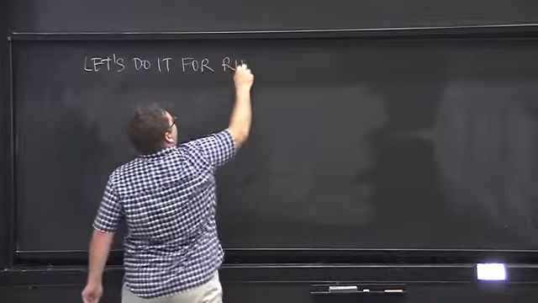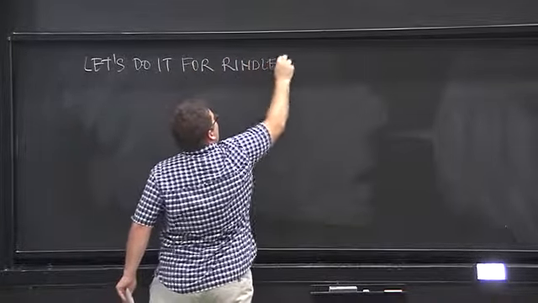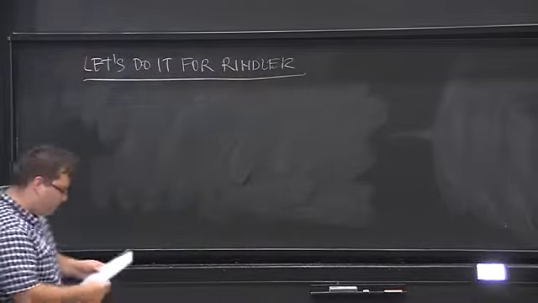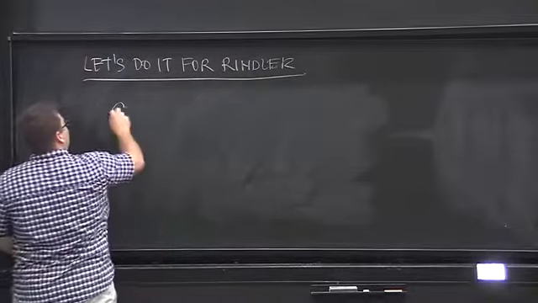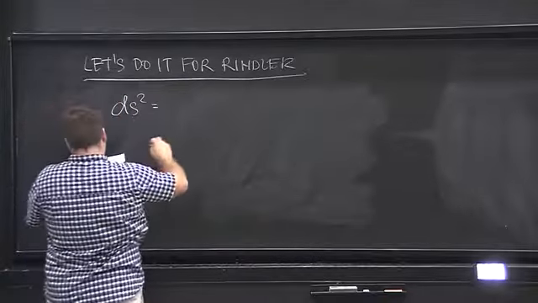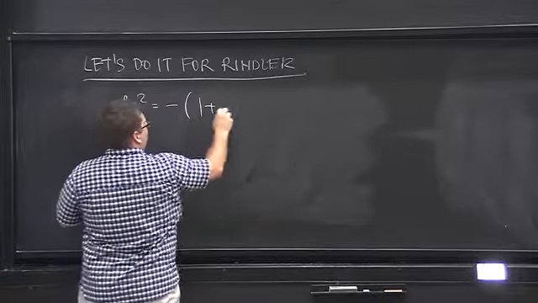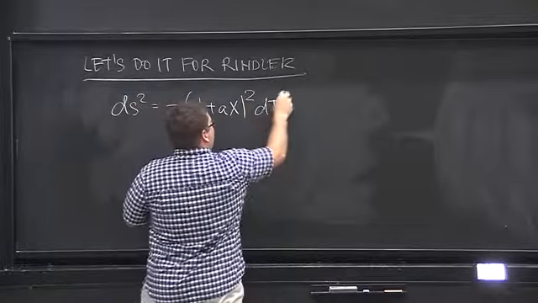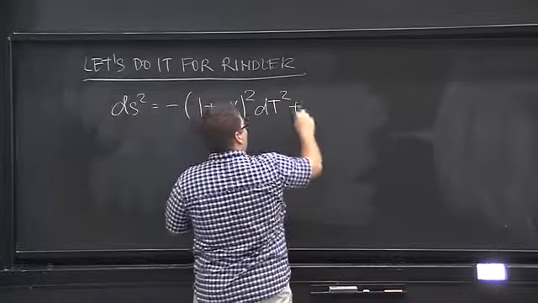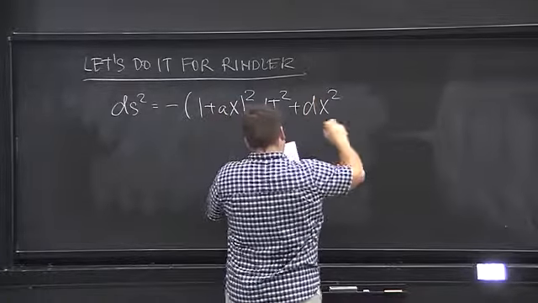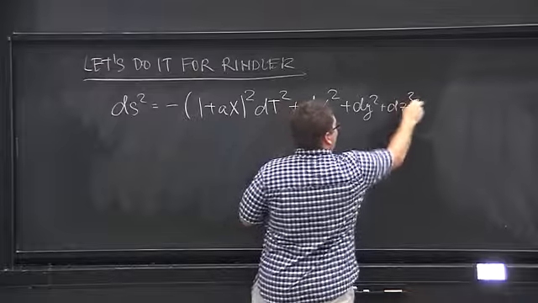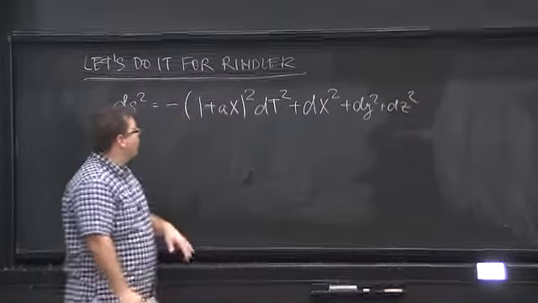For Rindler first, and then if we have time, we can do it for Schwarzschild as well. So we know that the Rindler metric, again, I write it down, is ds squared equals minus (1 plus ax) squared dt squared plus dx squared plus dy squared plus dz squared, if I put the other two directions as well.